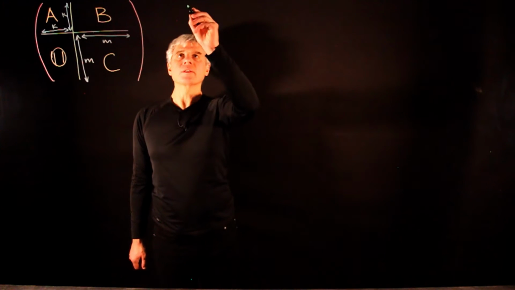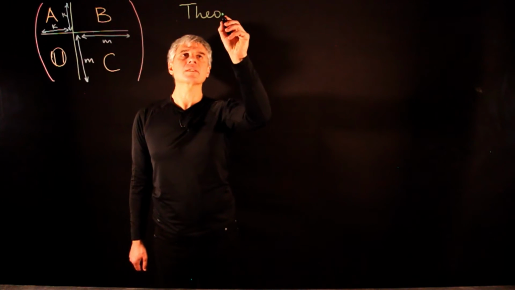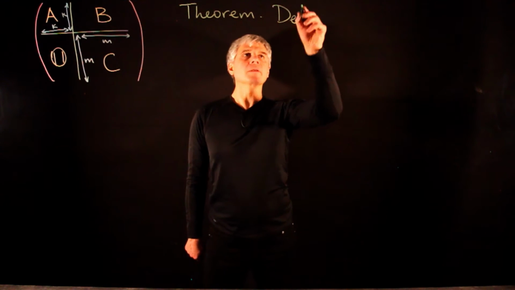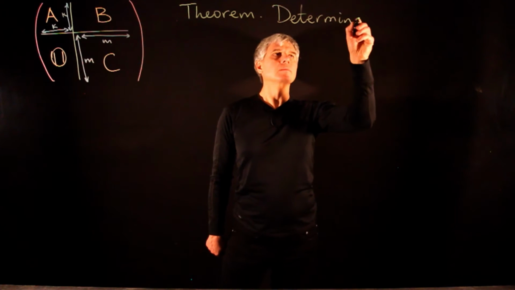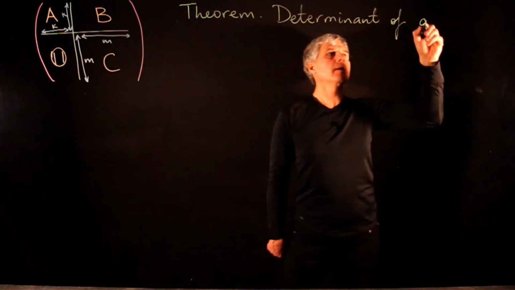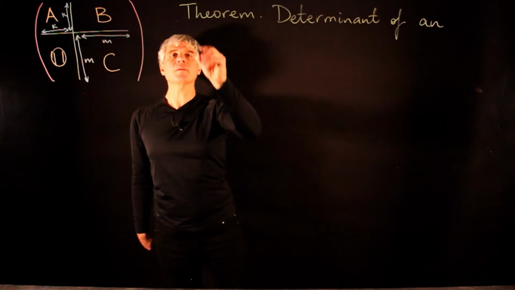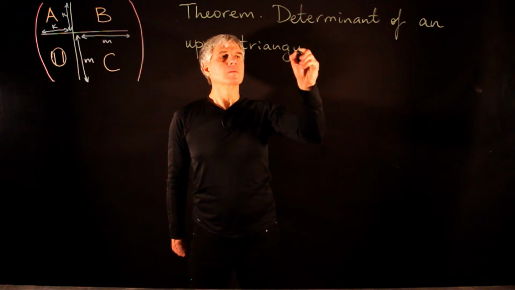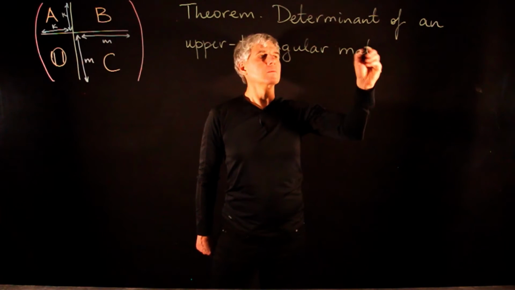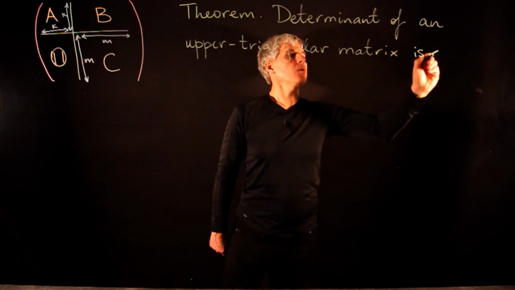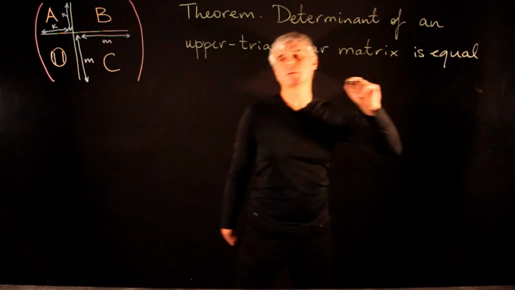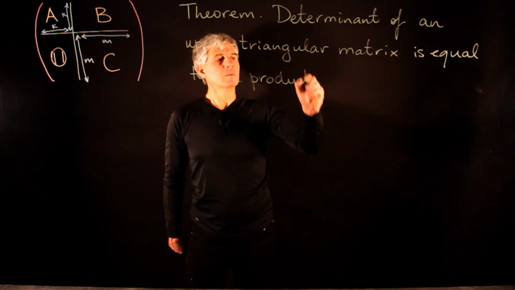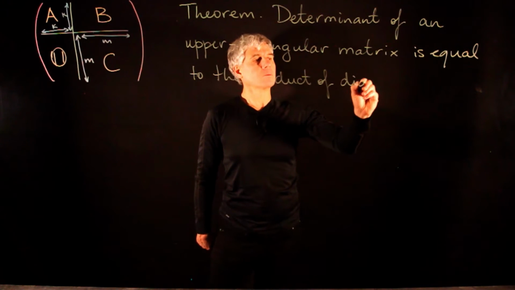Another special situation where computation of determinant is easy is given by the following theorem: the determinant of an upper triangular matrix is equal to the product of diagonal entries.